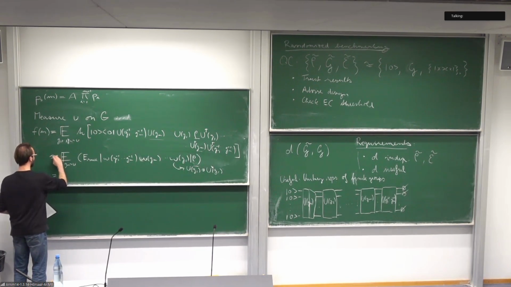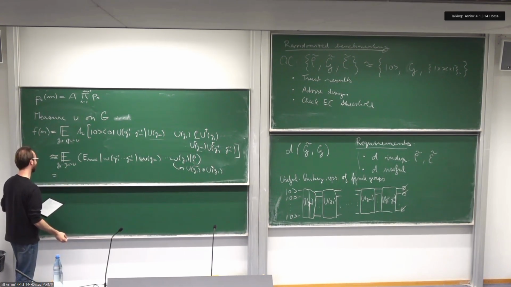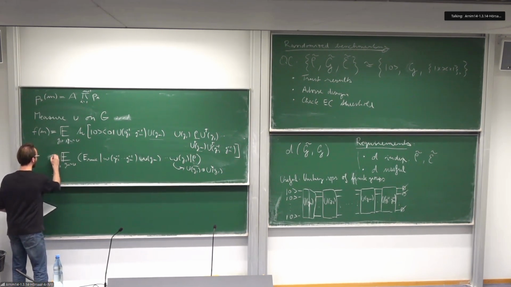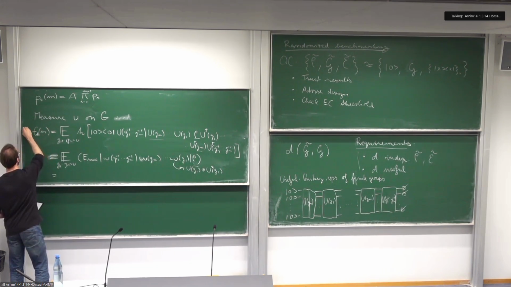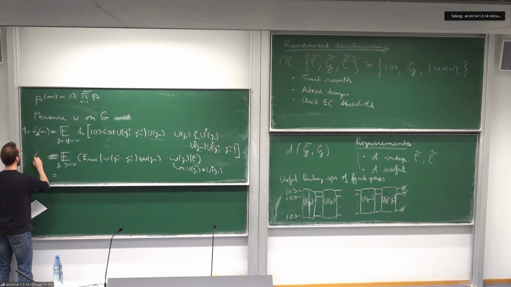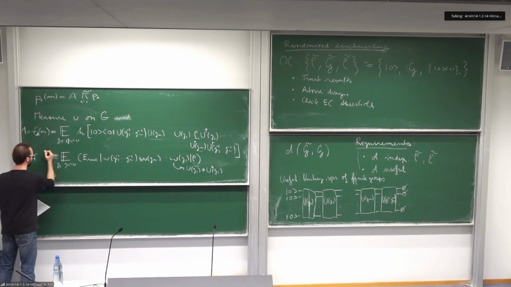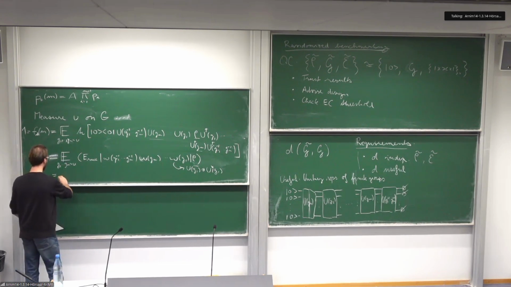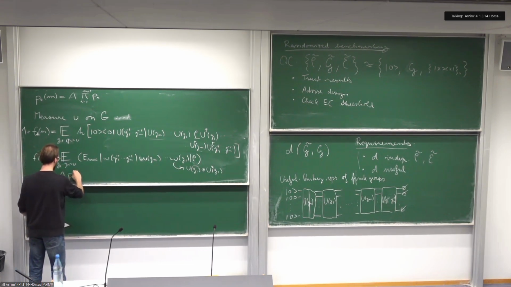So now, maybe what I'm going to do is instead write F ideal, this is 1, right? And then we'll have the actual measured one. And the hope is that this will have the following functional form.